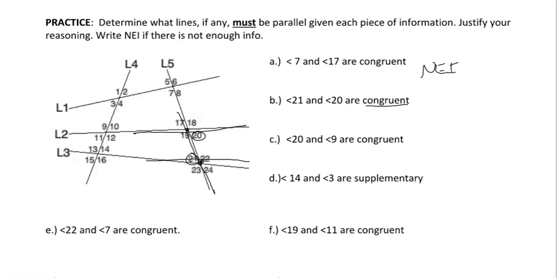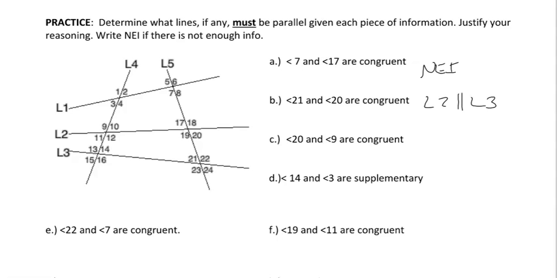Since they said that 21 and 20 were congruent, then I know L2 and L3 must be parallel, because those are the two lines, and here's the transversal. Okay. All right. I have to keep erasing. L2 is parallel to L3.